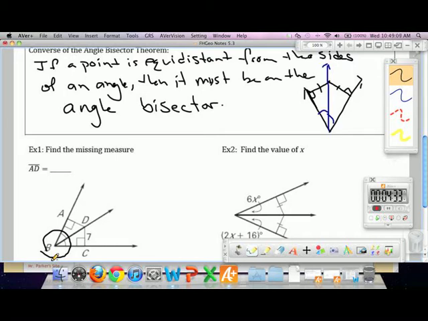Namely, if you drew at point D, the perpendicular distance to A is the same as the perpendicular distance over here at point C. So what is the measure of segment AD? It's got to be the same as DC. That would be an application of the first one, the angle bisector theorem.